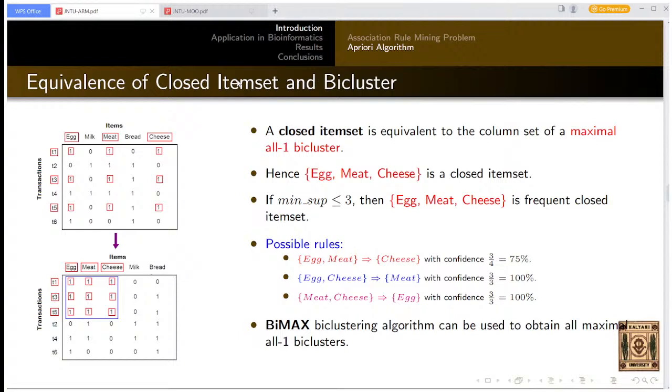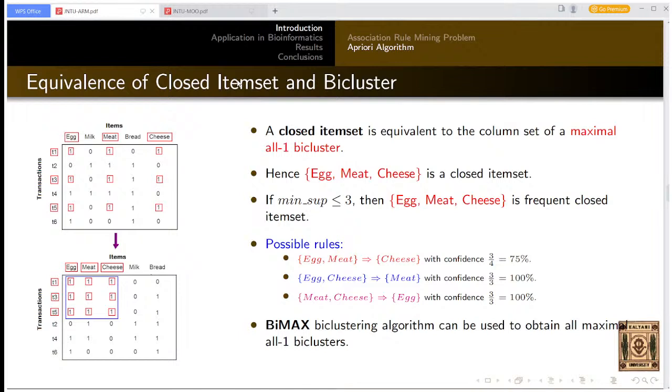Now, you see, can we say that a closed item set is equivalent to the column set of a maximal all-one bicluster? Maximal all-one bicluster means what? Here this is just a submatrix of all ones.